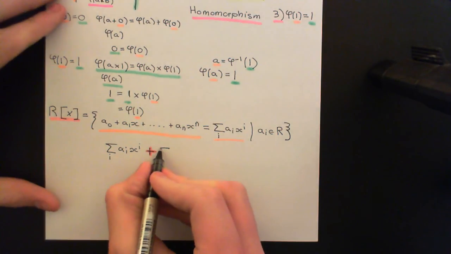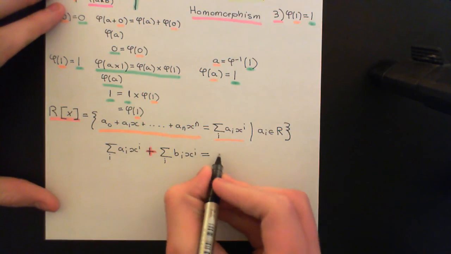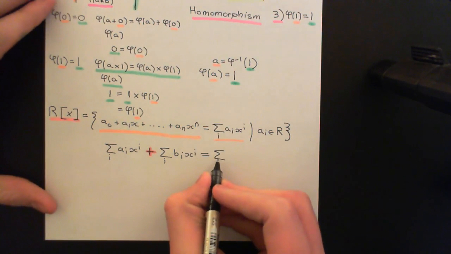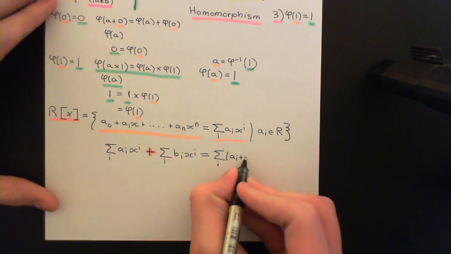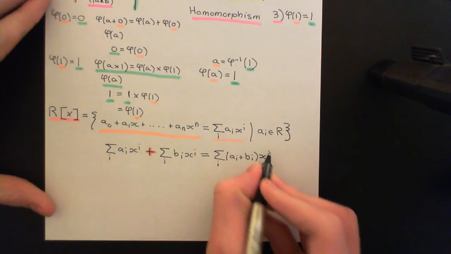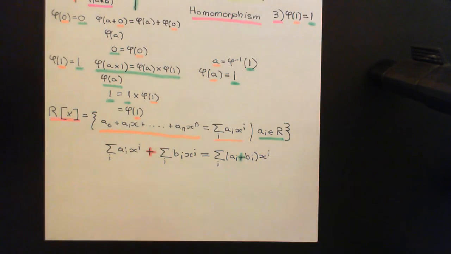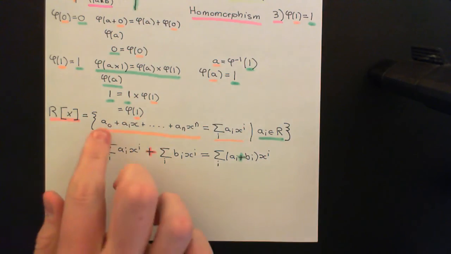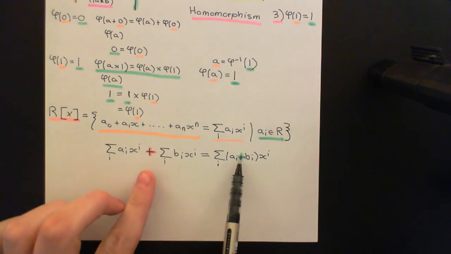So we'll have another one here, the sum over i of bi xi, and this by definition is the sum, where this is going back to just being a symbol, the sum over i of (ai plus bi) xi, where this addition here is now in our ring capital R. This is quite confusing because we've got addition just as a symbol as part of the polynomials, addition that we're defining in this ring of polynomials, and then addition in our original ring R. So these are the real additions.